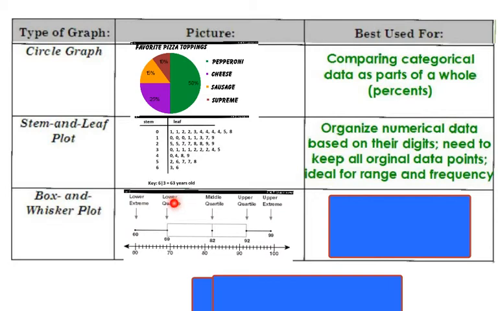You get the lower quartile, which is the median of the bottom half of the data, the upper quartile, which is the median of the upper half, and then the lower and upper extreme, which are the smallest and largest numbers of the data set. So the only two numbers you know for sure are actually in your original data set are the beginning and the end. This just helps you to see how the data is distributed into the 4 parts.